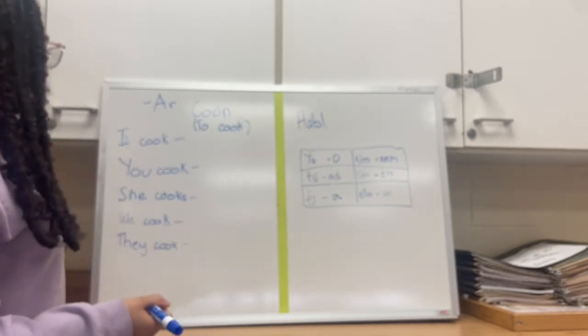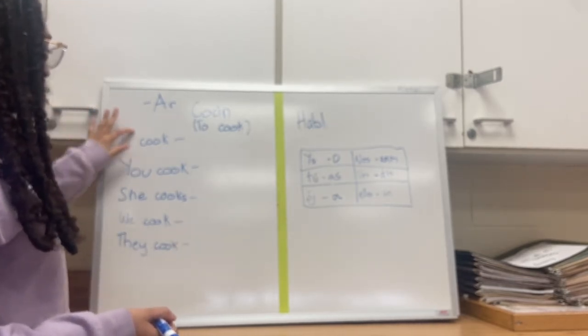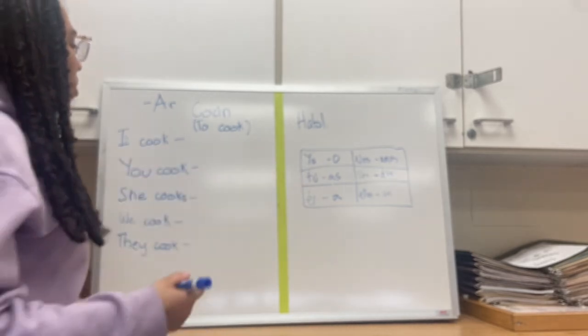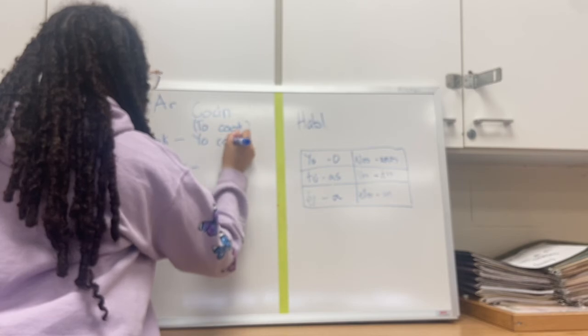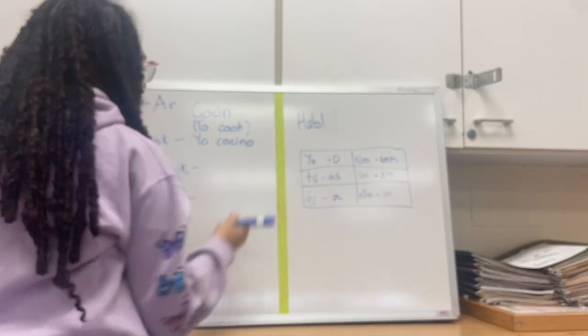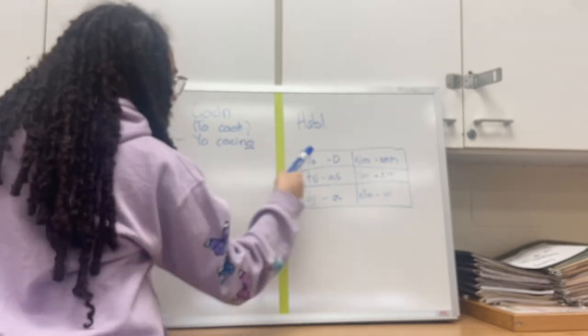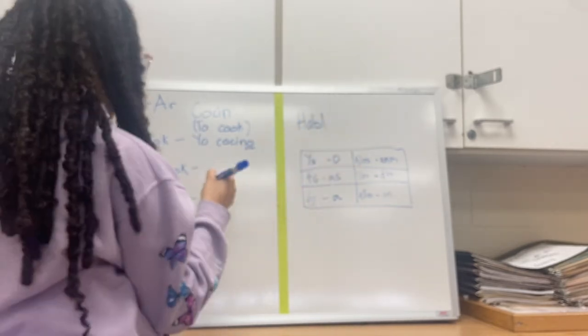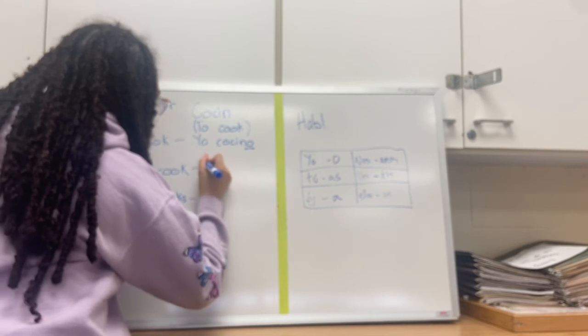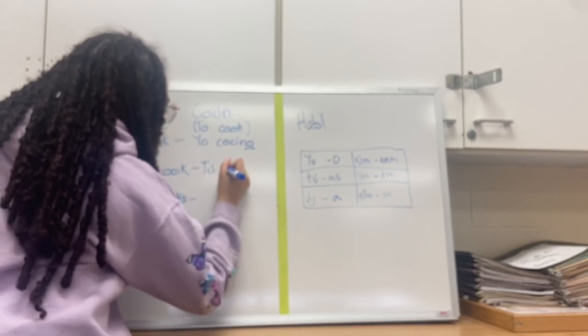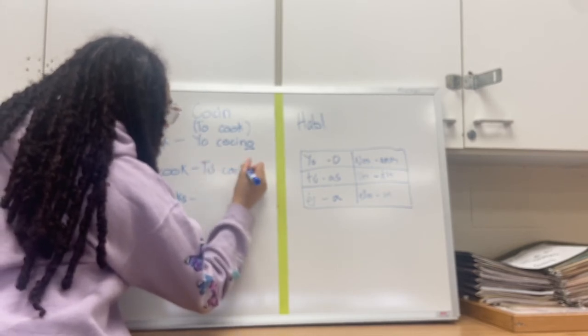So for our first one, we would see that our subject is I, which in Spanish is yo. So we would say, for the first one, yo cocino. And there's that O again, and that's where we would figure it out, right? So we have this chart here for AR verbs. We have tú, cocinas.